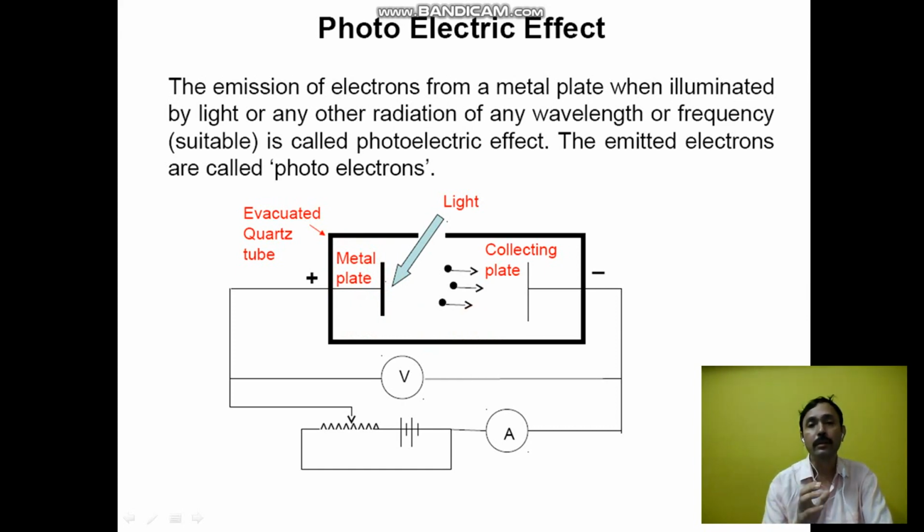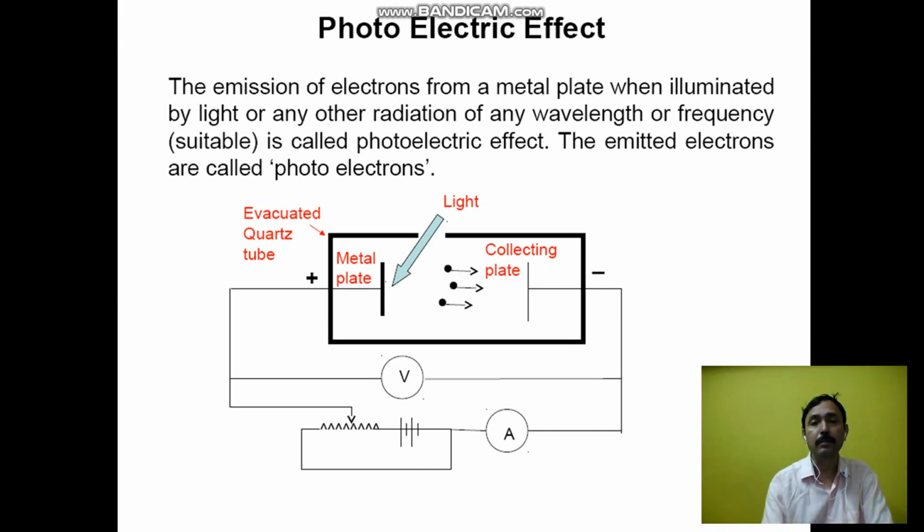That means it will stop their motion with sufficient increase of the potential. So for a slow increase in potential, what will happen? The number of electrons coming from the metal surface to the collecting plate becomes less.